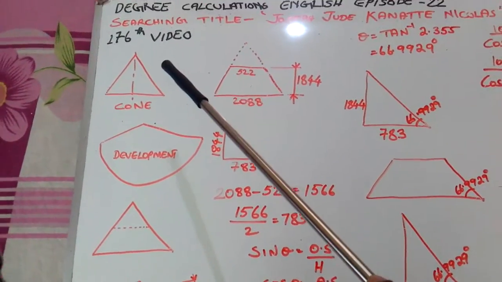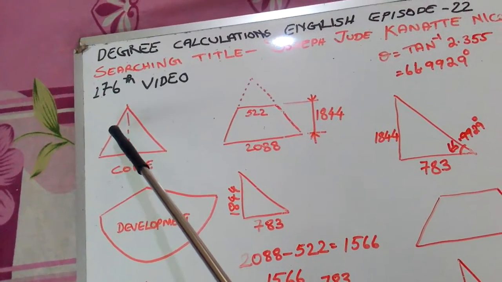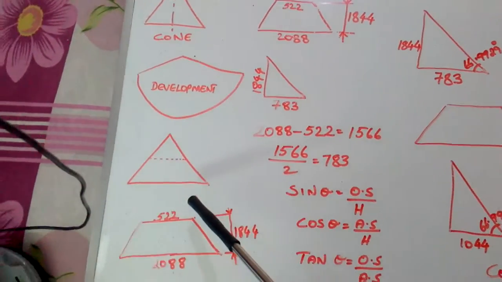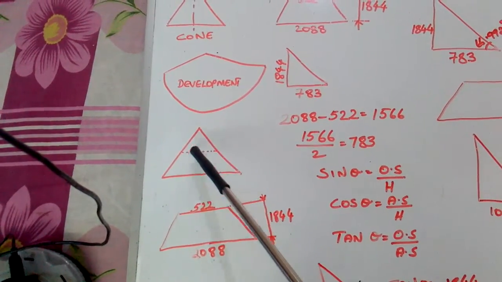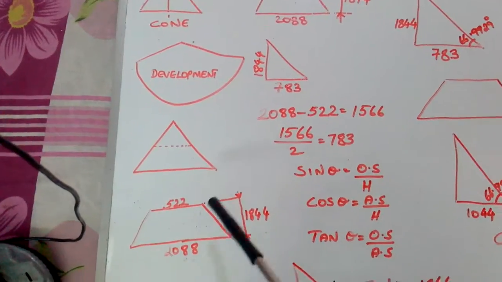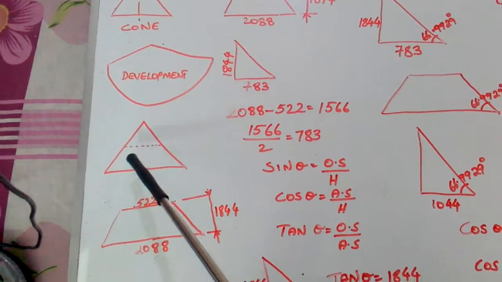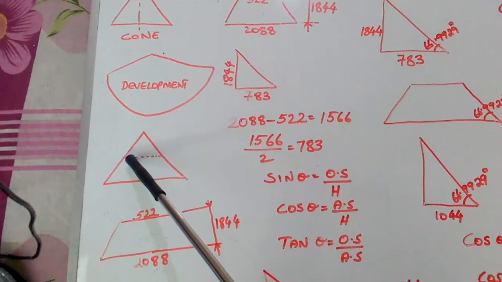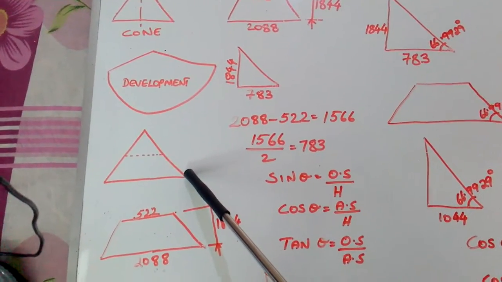Today we are going to study a cone which has a cut approximately in this place. I have indicated it here. It is a cone with a cut in approximately its center portion. If it has a cut in its center portion, this cone will be from here to here, and here to here, finally from here to here only.